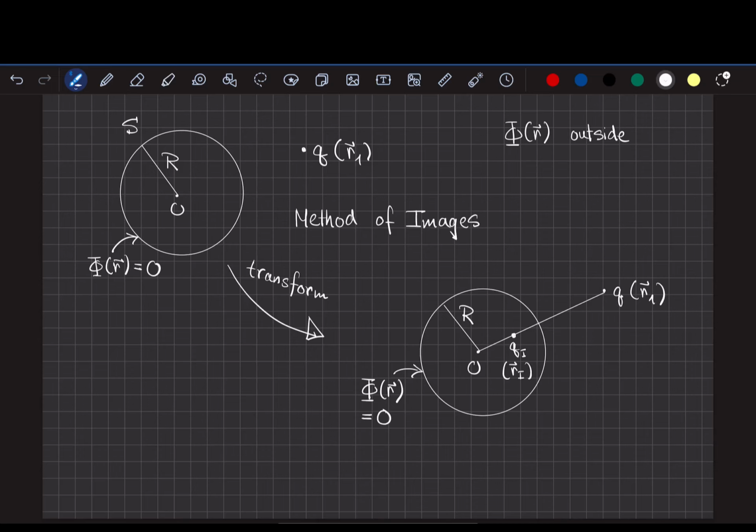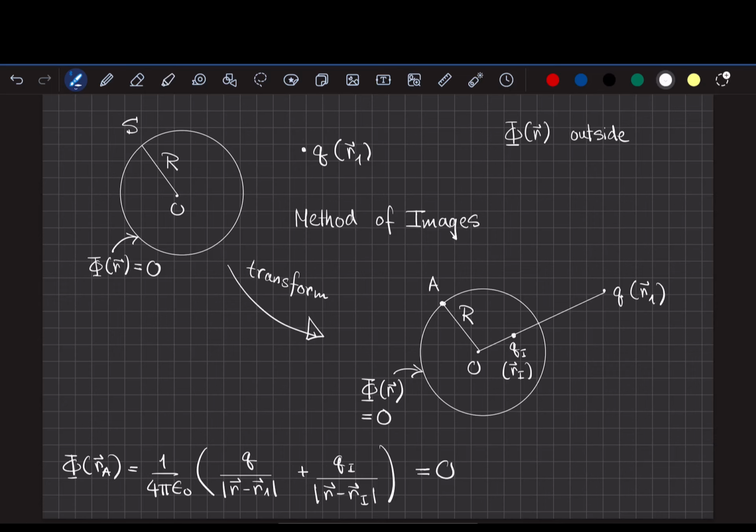So Qi is located at Ri. And what are Qi and Ri? If we have, say, any arbitrary point A on the surface, the potential at A in the presence of these two charges Q and Qi is given by Q by R minus R1 plus Qi by R minus Ri, and this has to be 0.